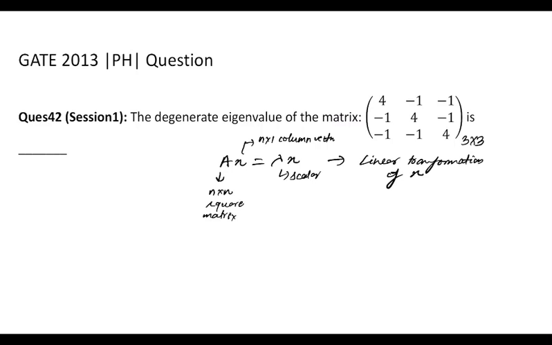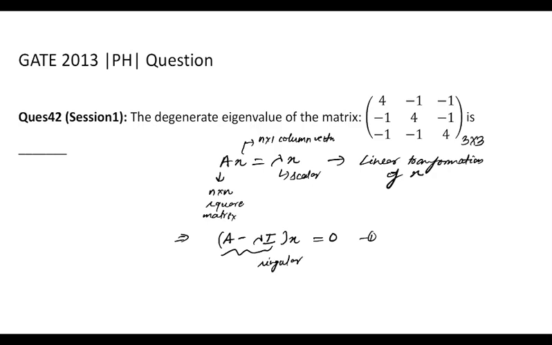So we can also write this eigenvalue equation as (A minus lambda I) x equal to 0, where I is the identity matrix. Here it will be a 3 cross 3 identity matrix. Now, one of the special properties of this equation is that the matrix A minus lambda I is singular, that is, the inverse doesn't exist.